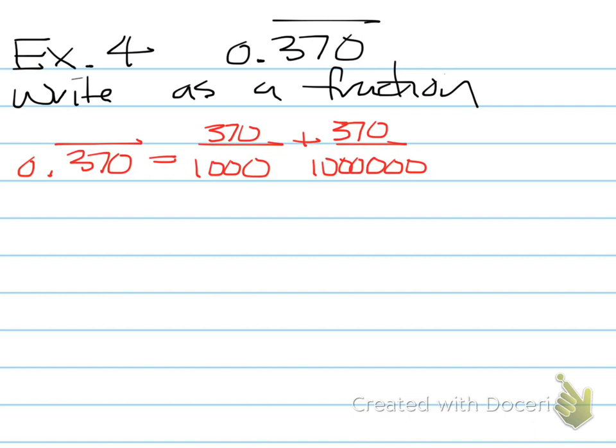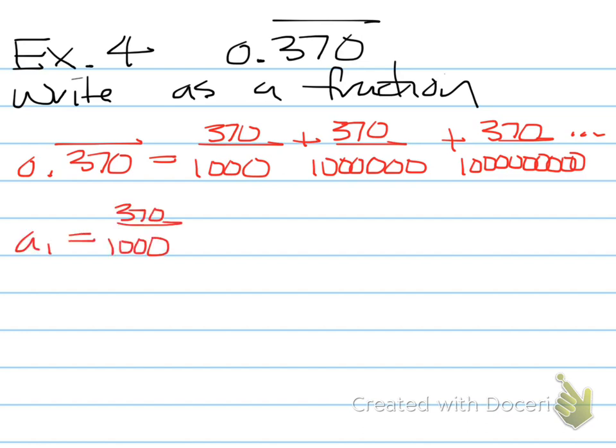So if we add 370 over 1,000 plus 370 over a million, we would just have 0.370370. All right, so we're going to just keep that going, and that pattern would just repeat. It would still be 370 in the numerator, and you would keep adding 3 zeros in the denominator because the group of numbers that's being repeated has 3 digits in it.